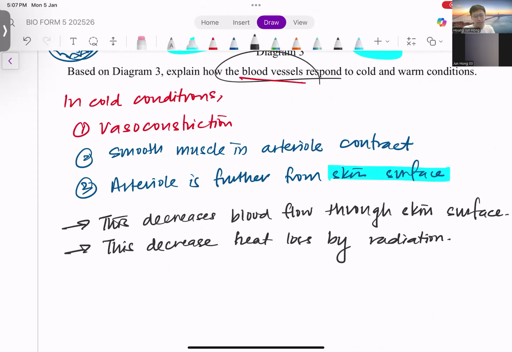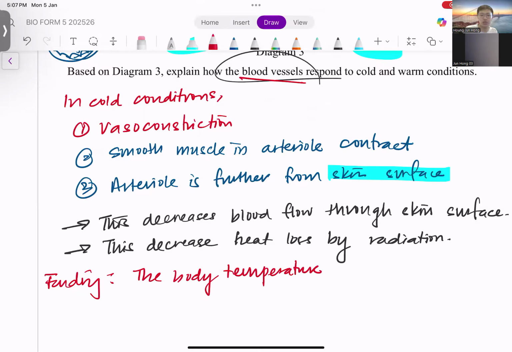What is normal? In this case, it's cold, so your body temperature should be able to increase, make it hotter. So always remember your big ending, which is the body temperature. Don't just use return. You say increase or decrease.